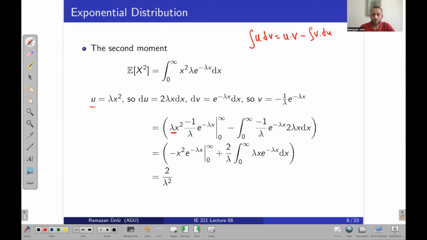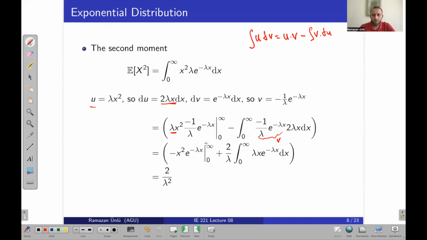The v is minus 1 over lambda times e to the minus lambda x, and du is 2 times lambda x dx. Okay, so I just need to calculate this part.